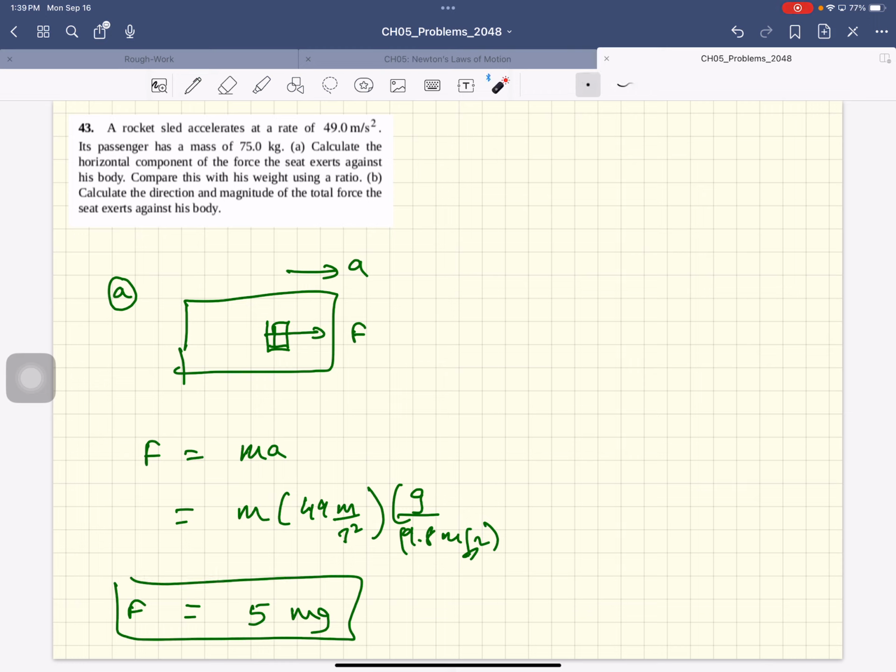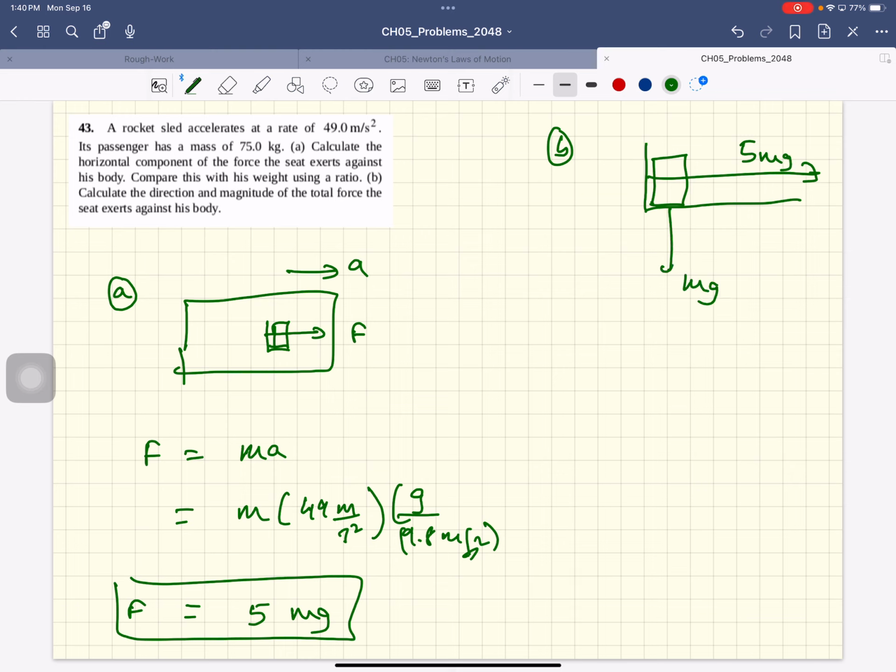That divided by that is 5. So the horizontal force exerted on the person is 5 times the weight, and there's the force of gravity, which is mg. So the net force on this person, there's 5 mg and there's mg. The net force is the sum of those two forces.